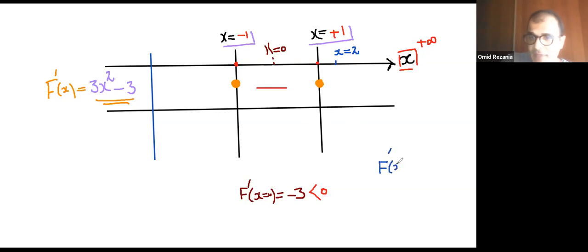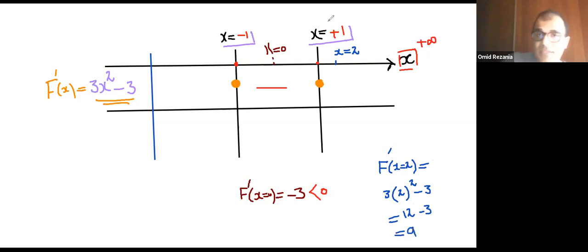F prime of x at 2 equals what? Equals 3 times 2 to the power 2 minus 3, which equals 12 minus 3, which is 9. This is a positive number, correct?